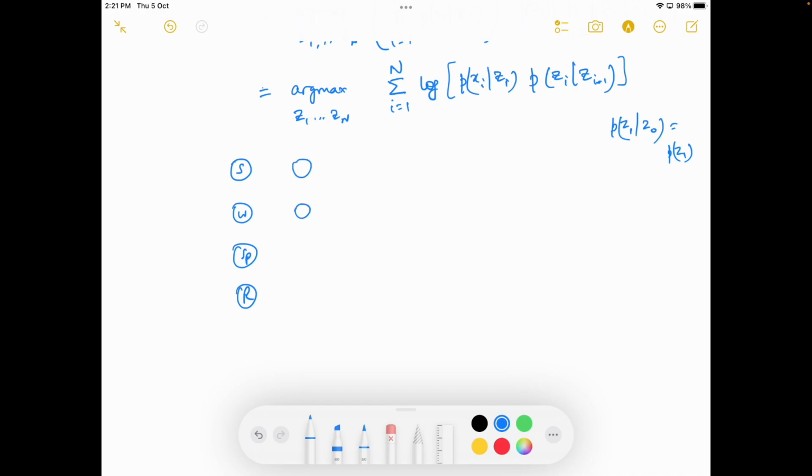These are the 4 seasons, and this is n equal to 1, n equal to 2, and so on and so forth.